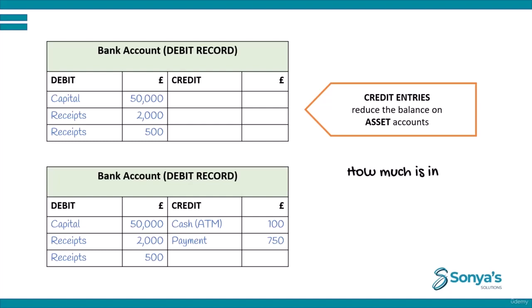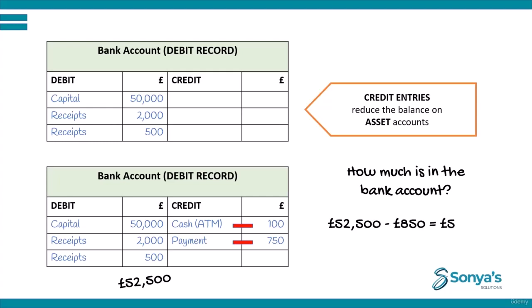To recalculate the account balance, we deduct the payments, the credit entries, from the debit entry total. The revised account balance is £51,650. You might like to pause the video sometimes to make notes, think more carefully about these entries and carry out the calculations for yourself.